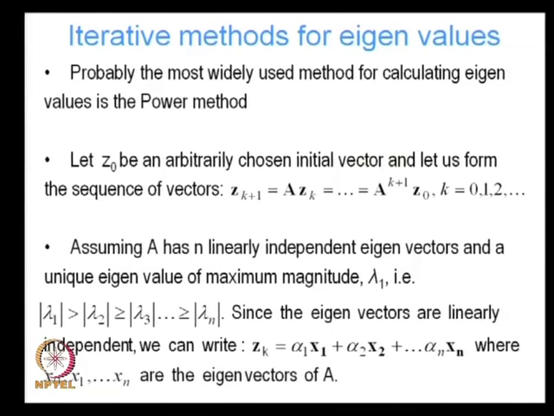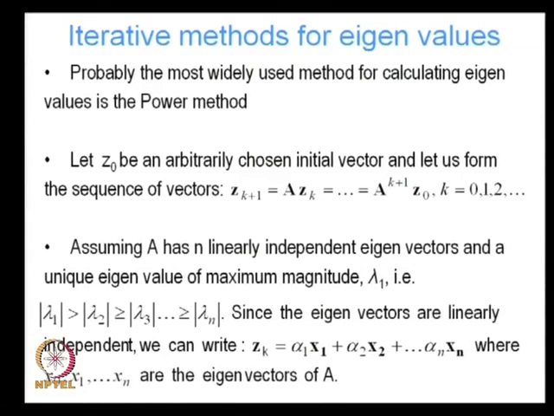So, that is what we assume, and since we have assumed that A has linearly independent eigenvectors, that means if we consider the eigenvectors of A to be x1 through xn, we know that x1, x2, through xn form a basis for the vector space of dimension n, right. So, any n dimensional vector can be represented as a linear combination of my basis vectors, which are x1, x2 through xn.